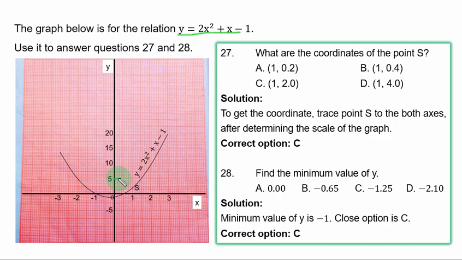So if you trace point S to y-axis, you have it directly at this point. Okay, S is here. So you trace it. That will give Y to be 2.